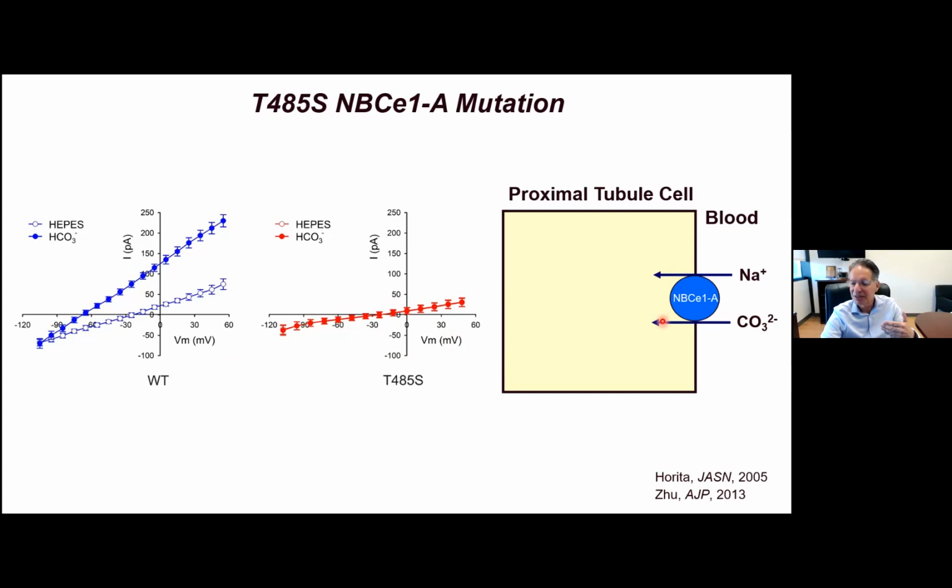And because bicarbonate has a charge of -1, it becomes what we call an electroneutral transporter. But because of its inability to see the basolateral membrane potential, it actually takes sodium and bicarbonate into the cell, where these chemical gradients drive it in the wrong direction. So these patients just cannot absorb sodium carbonate into their blood. So it's one of the interesting mutations.